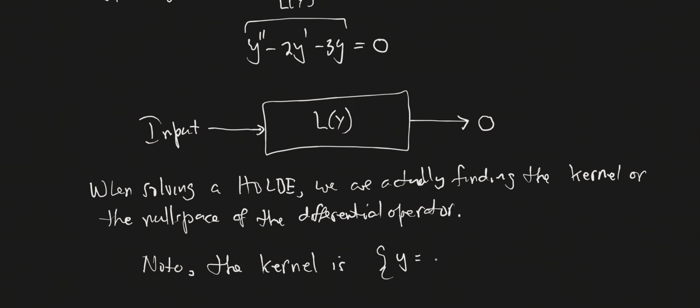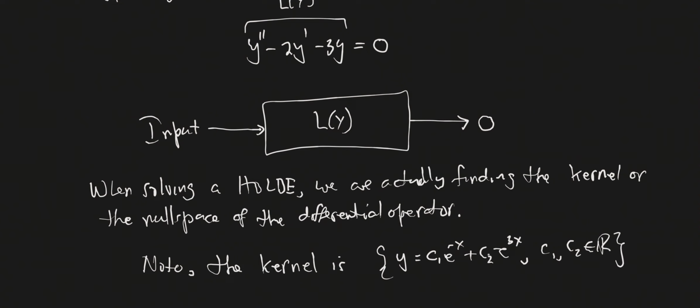It turns out that this is a case 1. It's really simple, but it's C1 e to the negative x plus C2 e to the 3x, where of course your C1 and your C2 can be any real number.